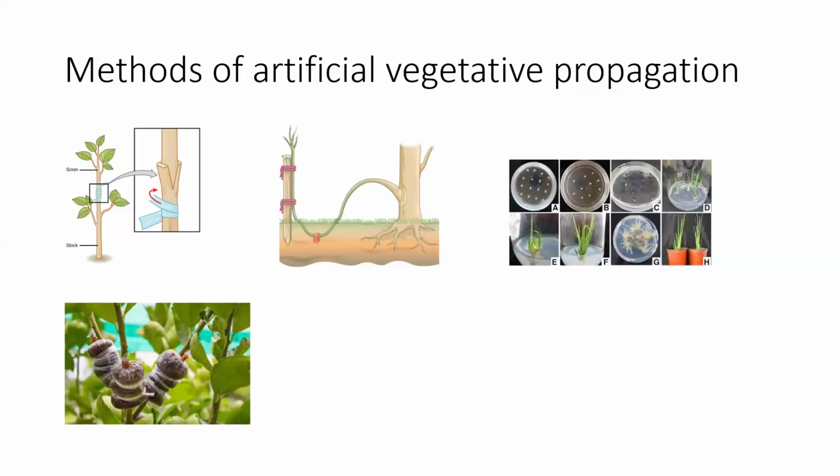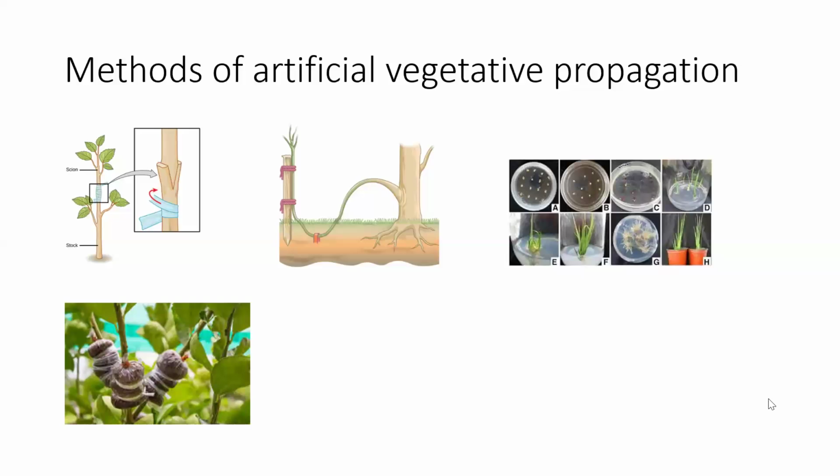Madam, the first one is cutting. This is the method of plant propagation that involves cutting a part of a plant, such as a stem, leaf, or root, and using it to grow a new plant.